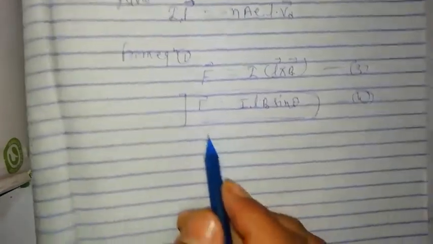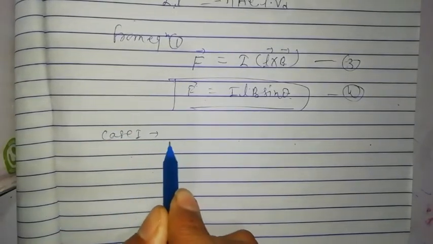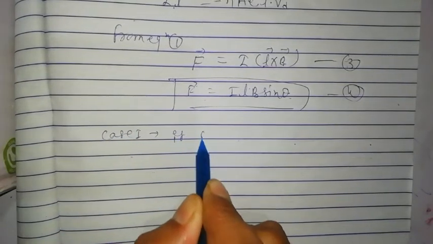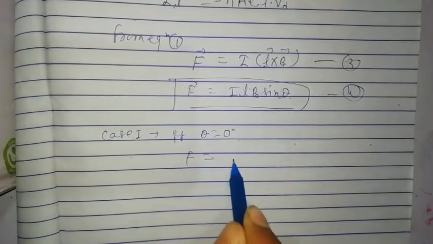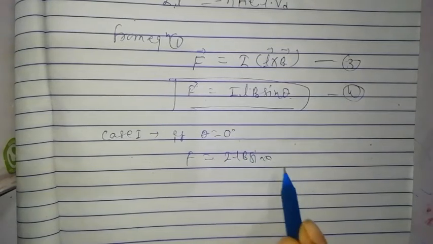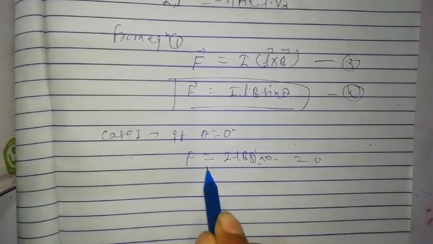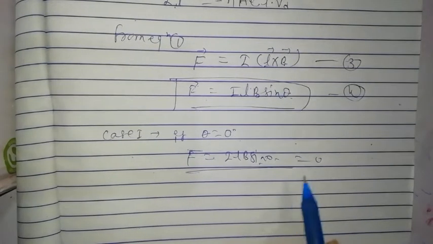Some cases. Case first: if theta is equal to 0 degrees, then F is equal to I l B sin 0, which is equal to 0, so the force is 0.